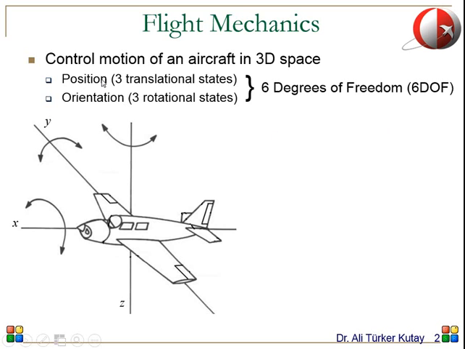But for regular aircraft that use dynamic lift concept, there needs to be a constant forward motion. In other words, for this aircraft to be able to stay in the air, it should be moving along X direction at all times. So I will be talking about this next week.